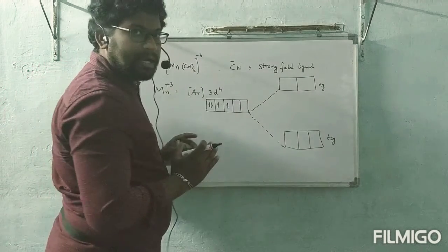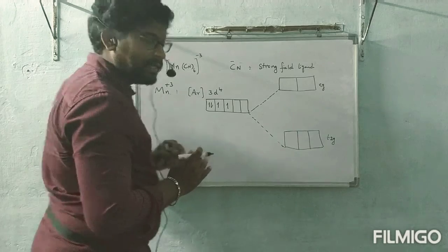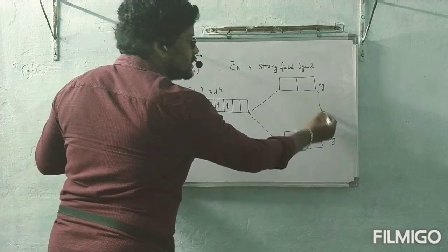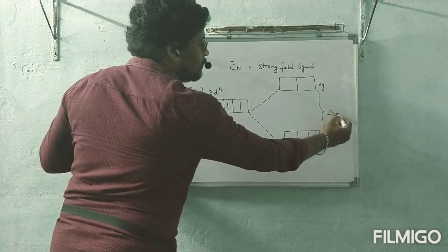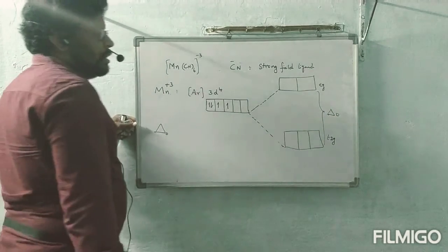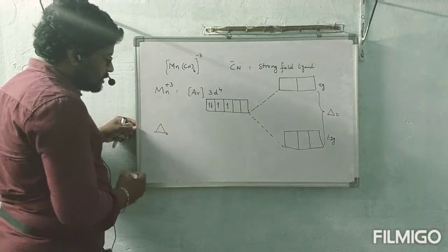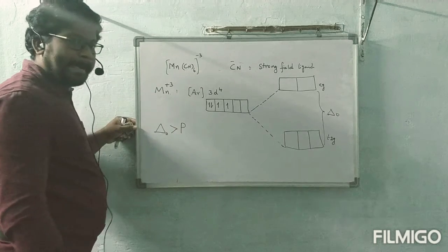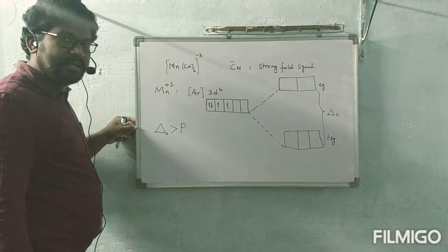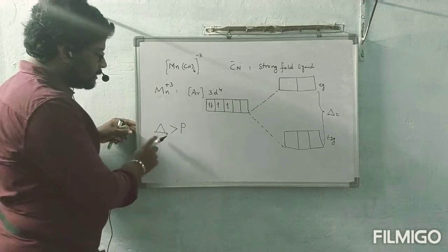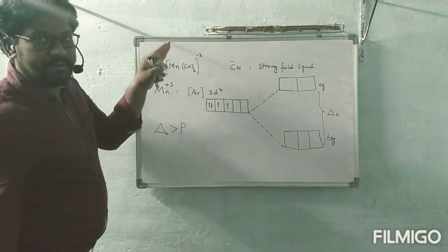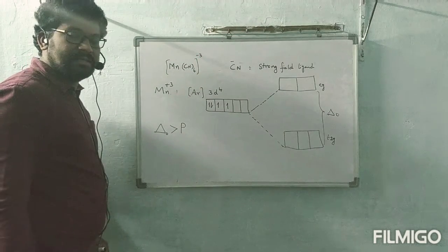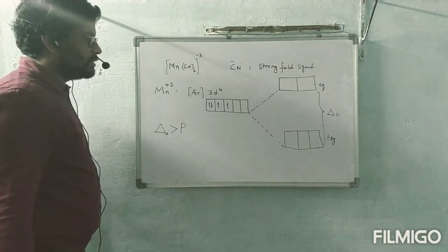In the presence of a strong field ligand, I wrote one point, that is delta naught. This delta naught is greater than P, meaning the splitting of energy is very high, greater than the pairing energy. Now you will understand.